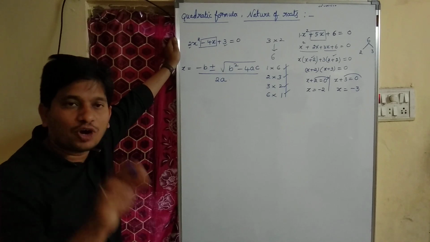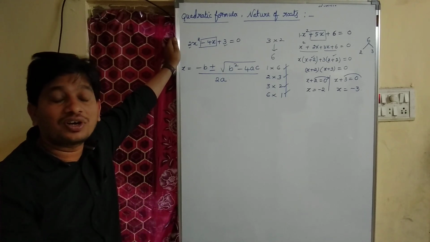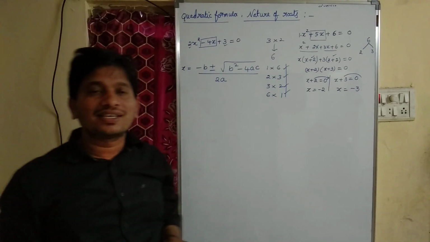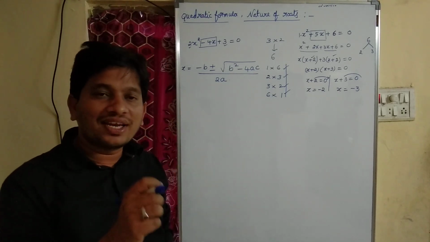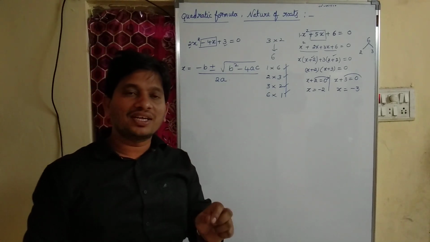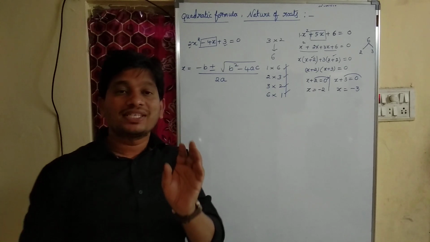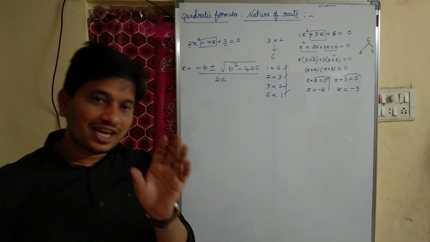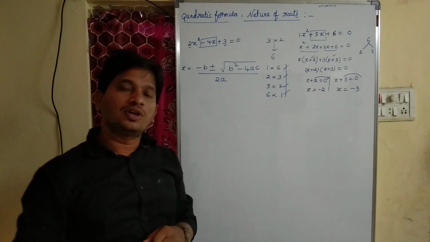Children, what is the formula to find the roots of the quadratic equation? That is x equal to minus b plus or minus root over b square minus 4ac by 2a. That is our quadratic formula.